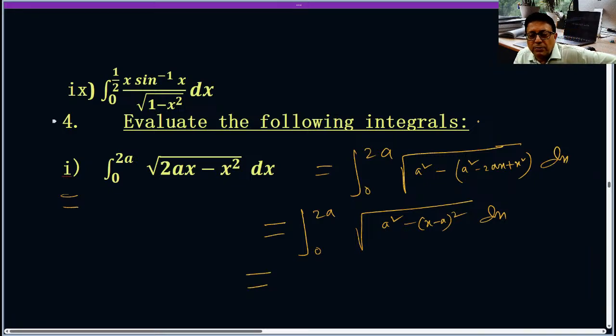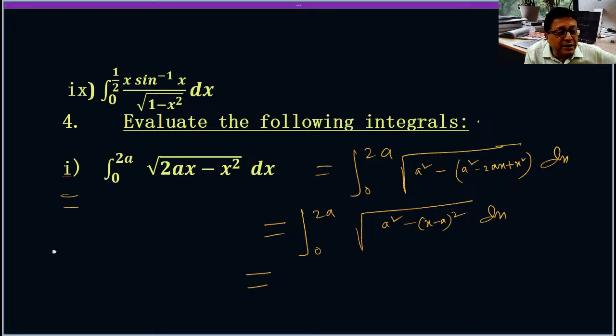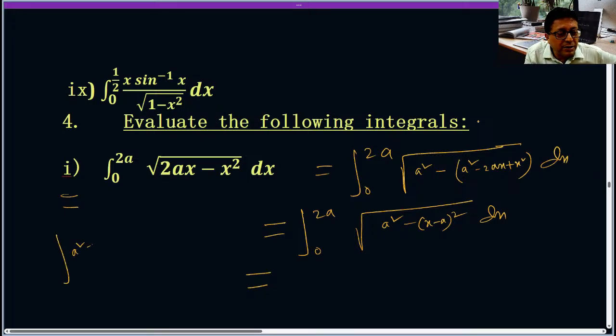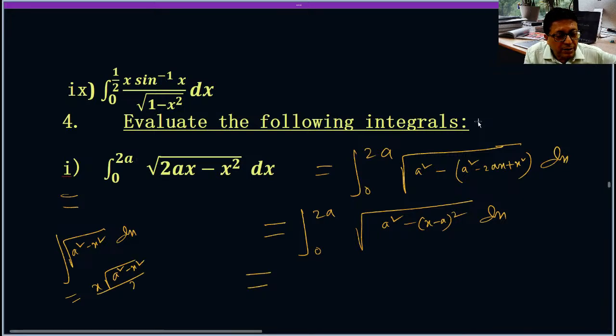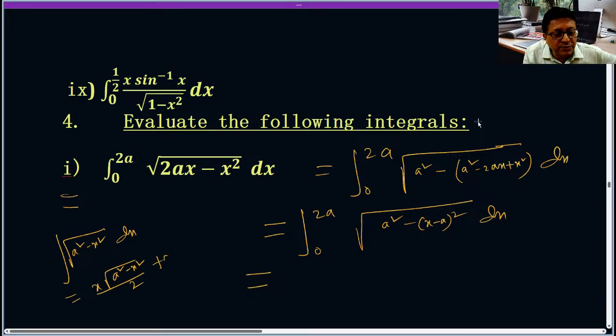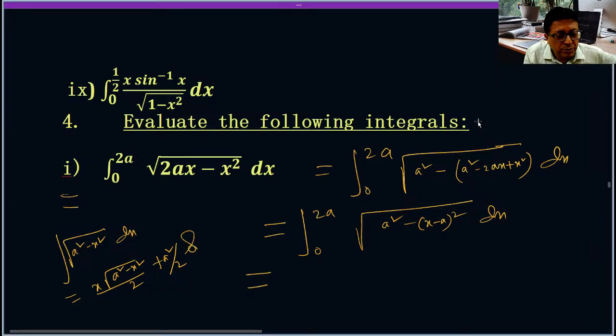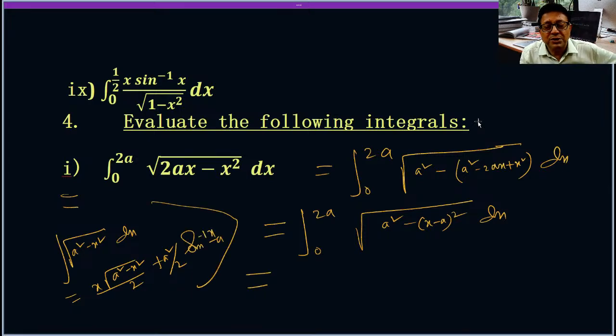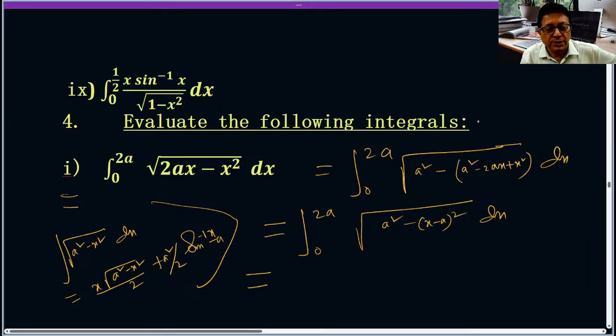So this is of the form a square minus x square, standard integral of this form. You remember, you did it in by parts, plus a square by 2. Remember it. So I am just writing it here.